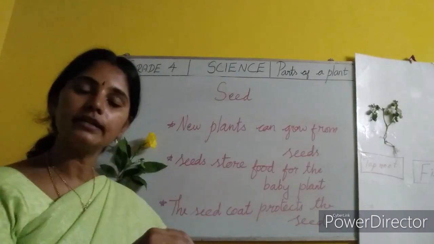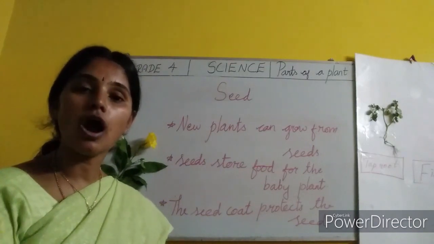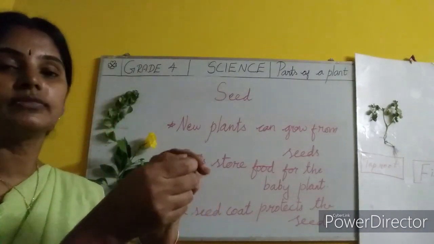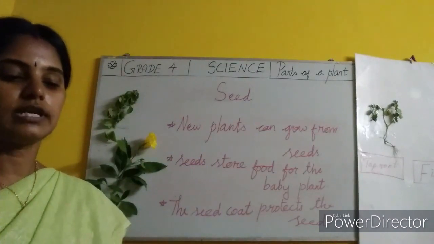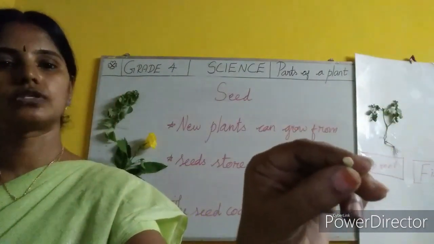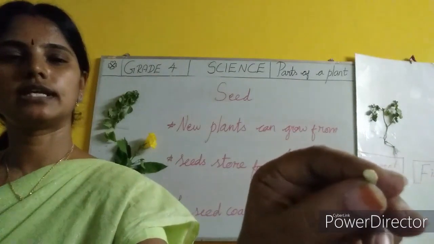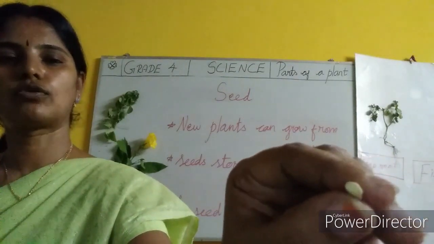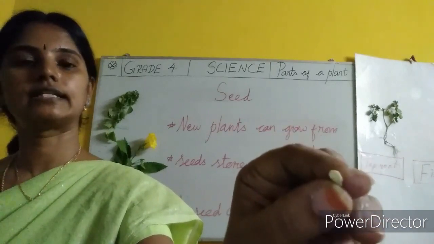So, from where is this food coming? This food is coming from the seed. See, look closely. I cut the seed. Will you be able to see that the seed is covered by a seed coat and food is inside the seed?